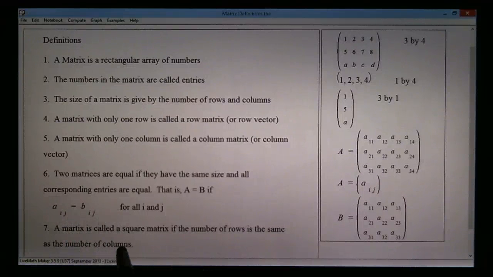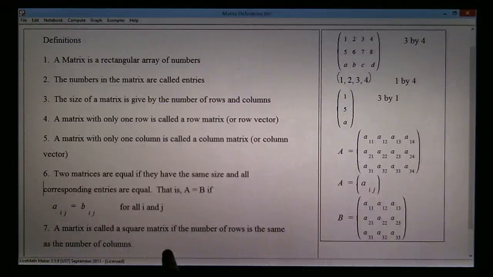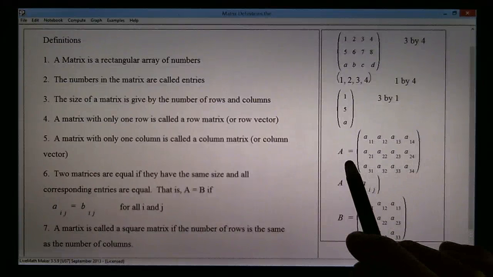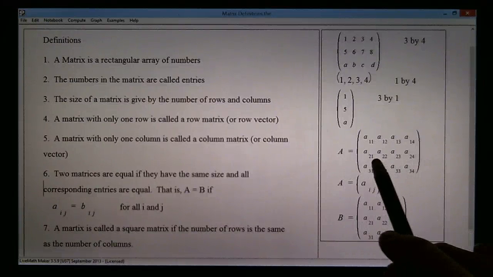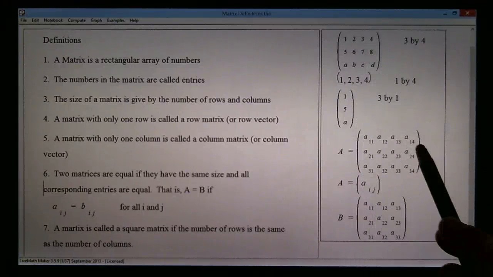Now, two matrices we'll say are equal if, and now I'm going to pause and go back, I don't want to talk about this yet. I want to talk a little bit more about the notation that we use. When we're dealing with a matrix that's non-specific, where you might know exactly what these are and you put the numbers in, but here's just a general matrix.